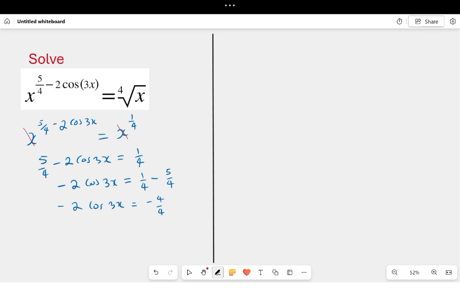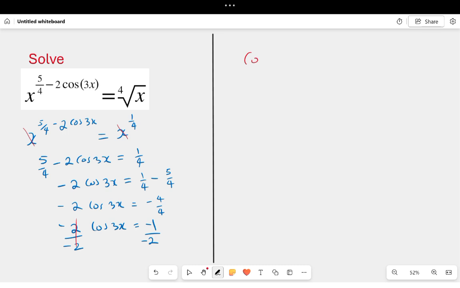All right. Now, negative 4 over 4 is equal to negative 1. So, to proceed further, we are going to divide by negative 2 on both sides. And in this case, negative 2 will cancel out, and negative 1 divided by negative 2 is positive a half.